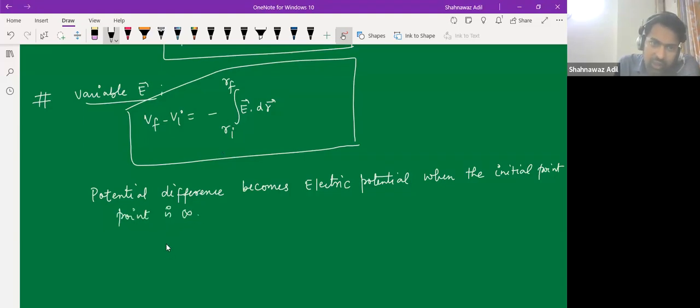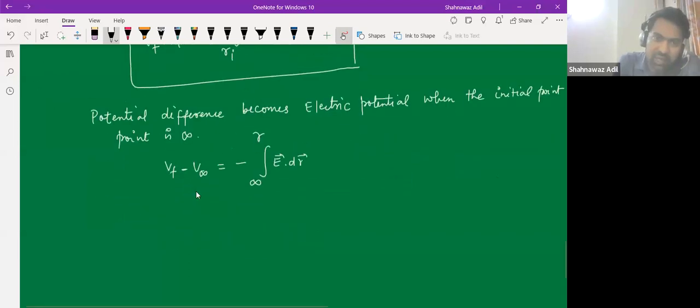Right. So V final minus V initial, V initial is V at infinity. So then this would be minus the integral from infinity to some R of E dot dr.